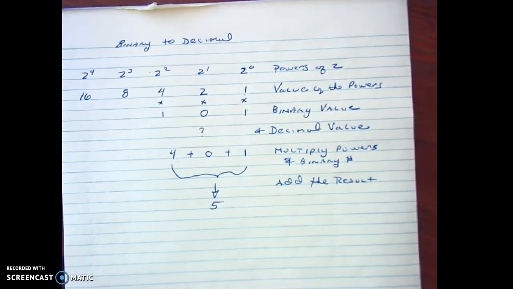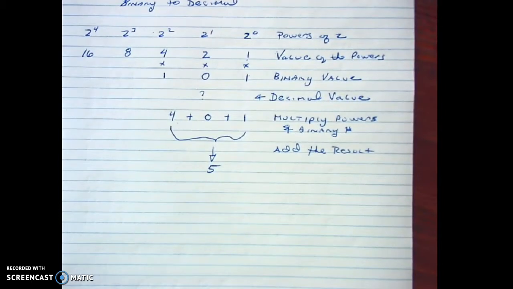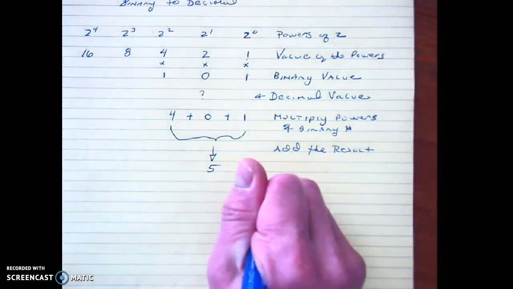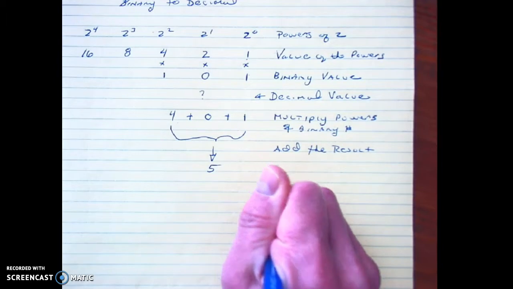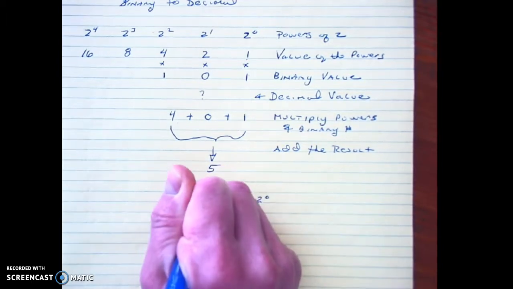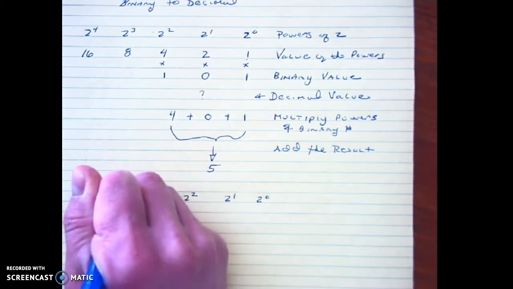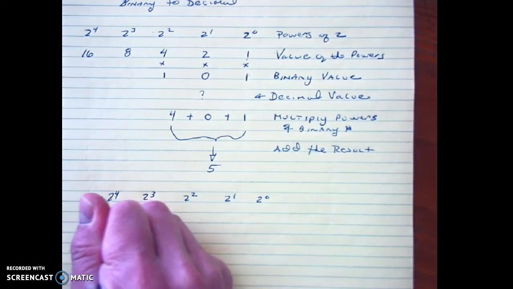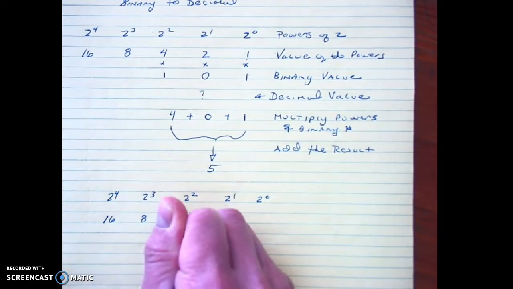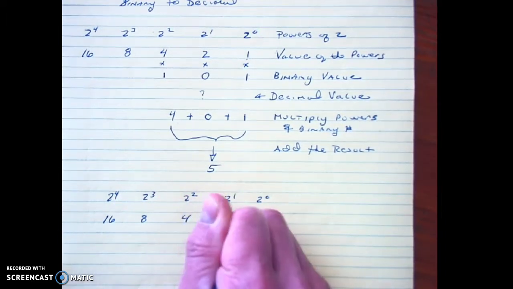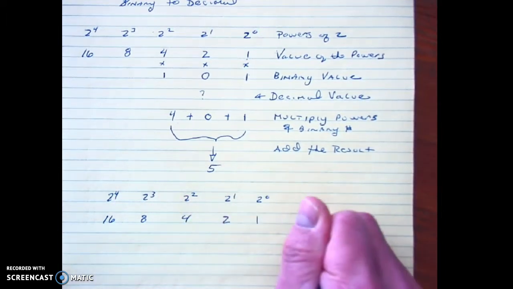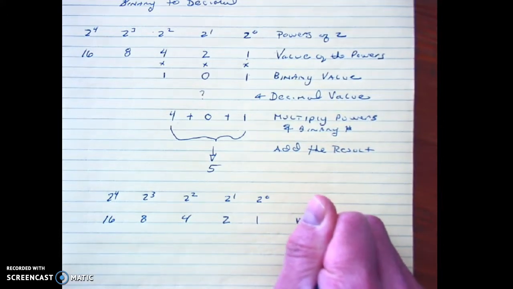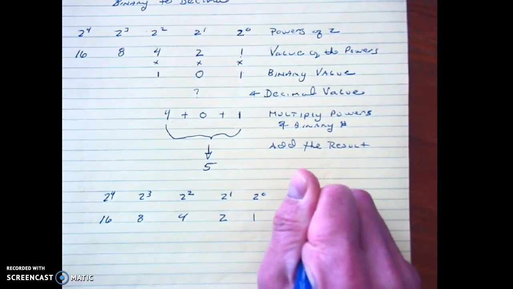Let's do another one, just real quick. So I put in my powers up here: 2 to the 0, 2 to the first, 2 to the second, 2 to the third, 2 to the fourth. And then my values are 16, 8, 4, 2, 1. These are my powers.